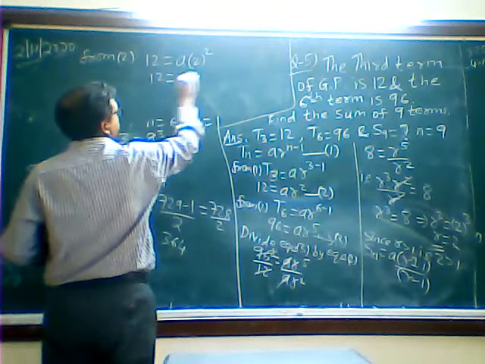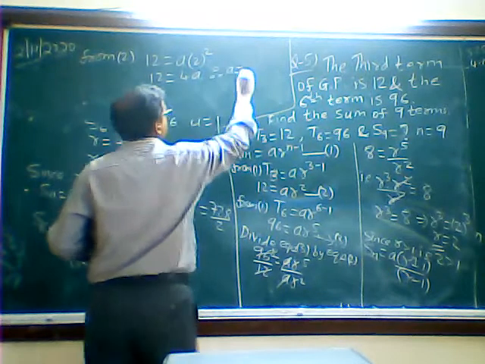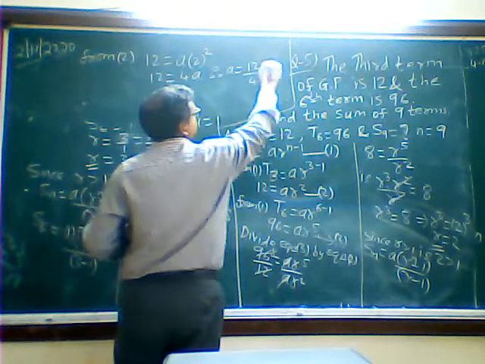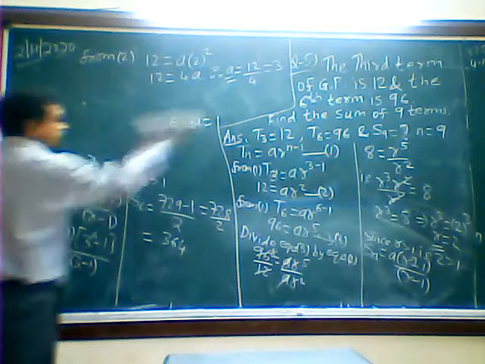That is 12 is equal to 4A. Therefore A is 12 upon 4, that is 3.